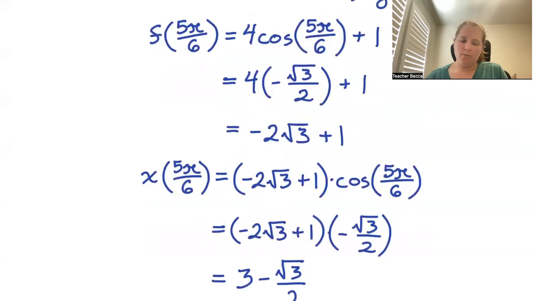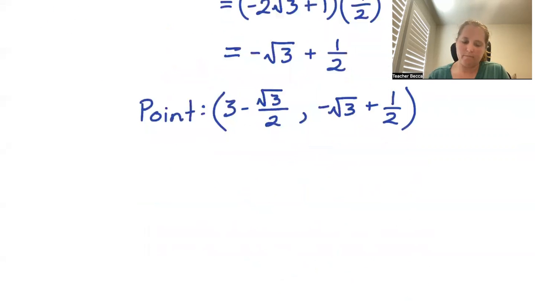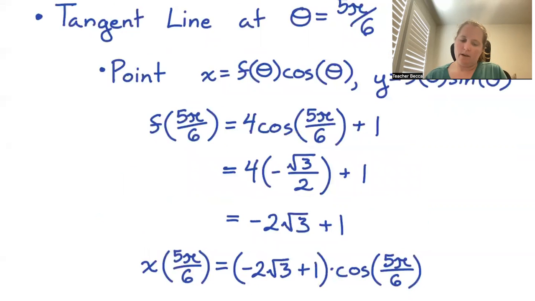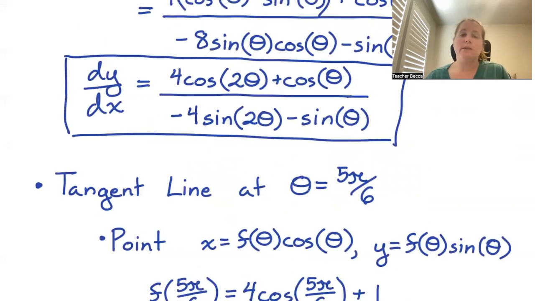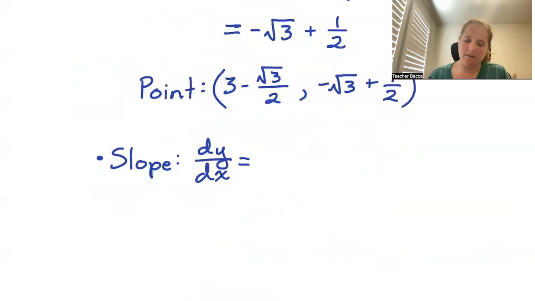For our slope, we have dy/dx equal to 4 cosine 2 theta plus cosine theta over negative 4 sine 2 theta minus sine theta.